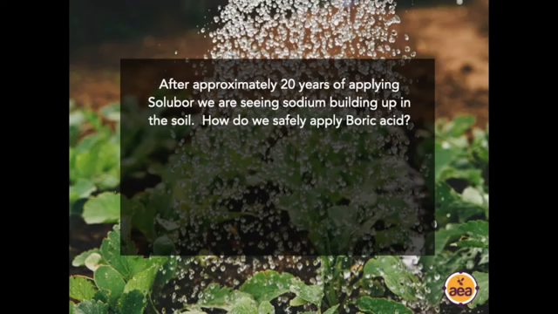I would guess it's probably coming from other places, because the quantity of sodium that you're applying in Solubor is so small that most plants will absorb it and use it and remove it, or even if it cycles within the local environment, it's still extremely small. It's more probable that it's coming from compost, from ruminant animals that are supplemented with sodium. That would be my first guess of where the sodium is coming from.